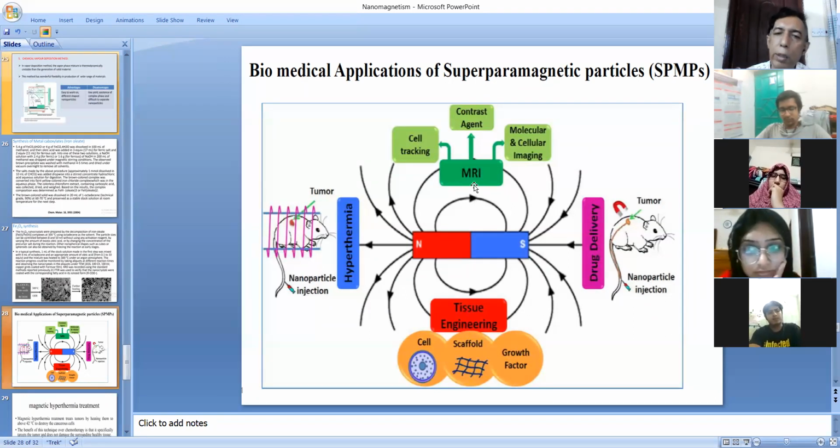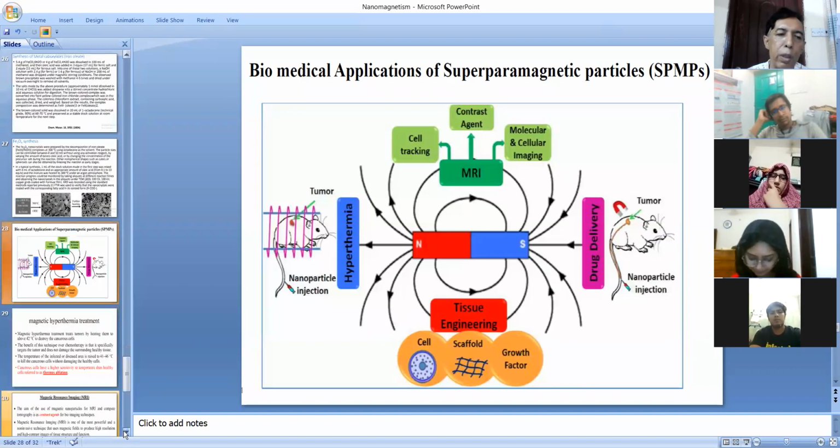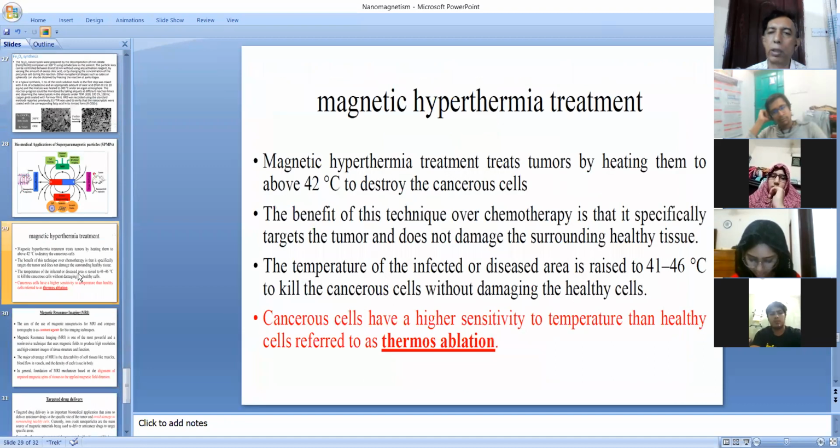There is also hyperthermia, we'll discuss it, and drug delivery and tissue engineering. You know what tissue engineering is? I have told you what tissue engineering is. So the superparamagnetic particles or magnetic nanoparticles, the main use of superparamagnetic particles is in your biomedical sciences.